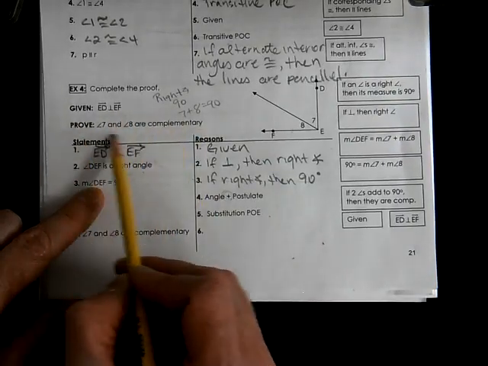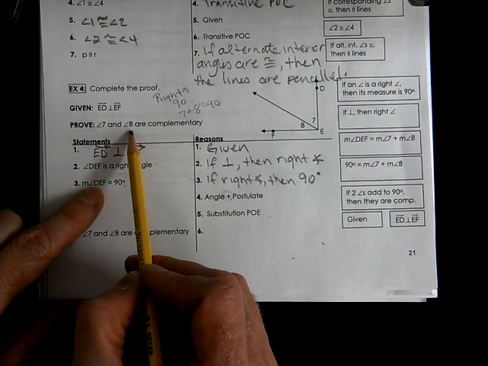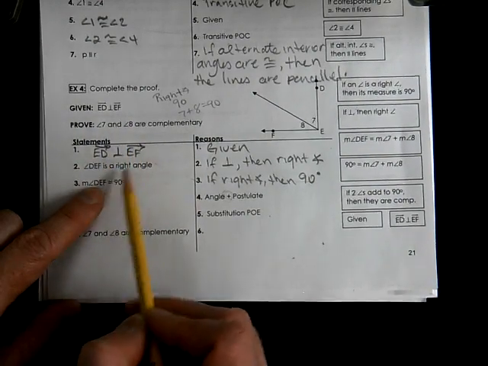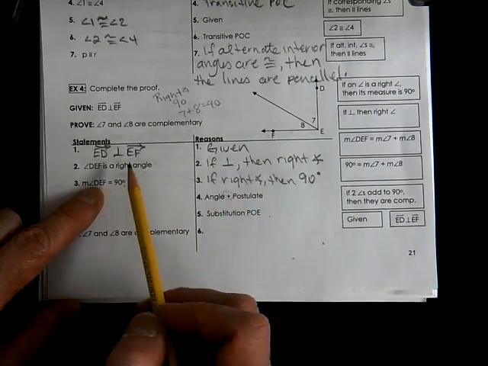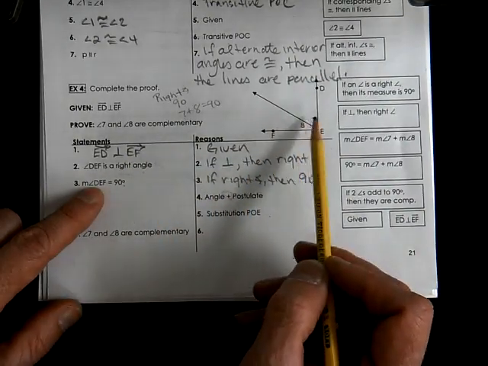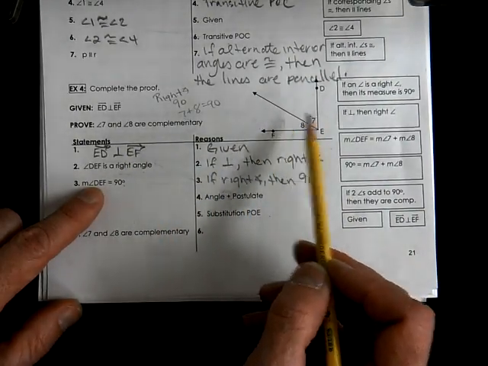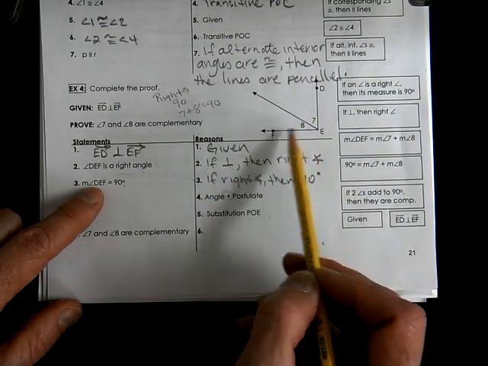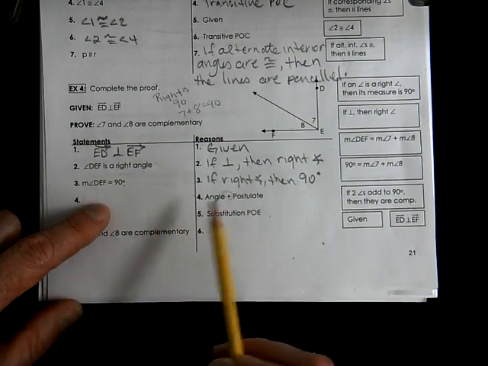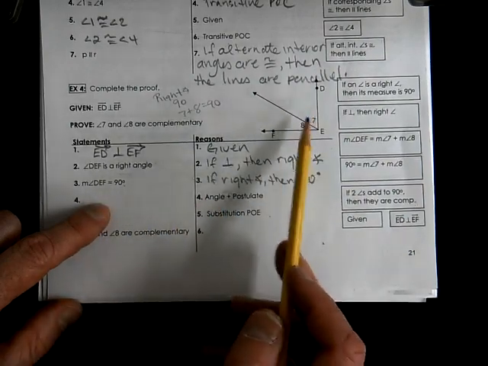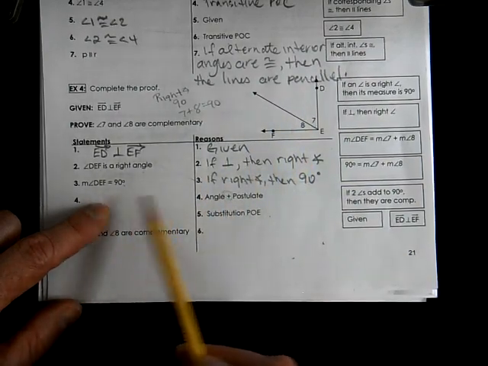You're trying to show 7 and 8 are complementary. We haven't even talked about 7 and 8 yet. Where is 7 and 8? 7 and 8 are in our picture. 7 is this little angle. 8 is this little angle. Angle addition postulate might be a way to bring 7 and 8 onto our proof.